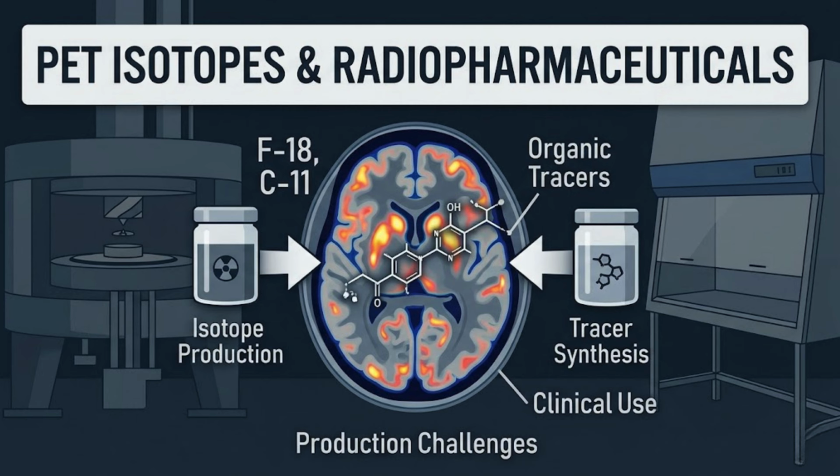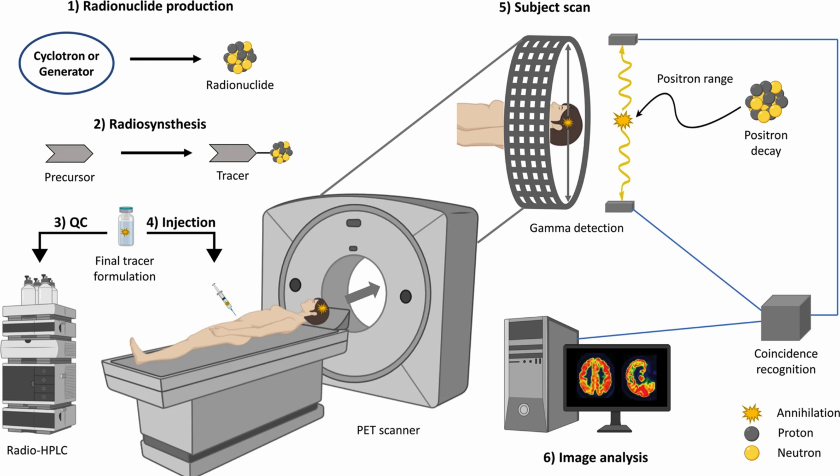Positron emission tomography, PET, is a highly sensitive molecular imaging modality that enables quantitative visualization of physiological and biochemical processes in vivo. The technique relies on short-lived positron-emitting radionuclides incorporated into biologically active molecules.